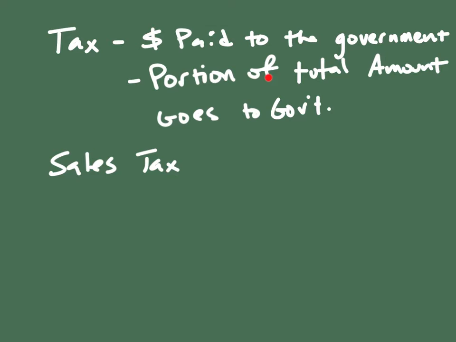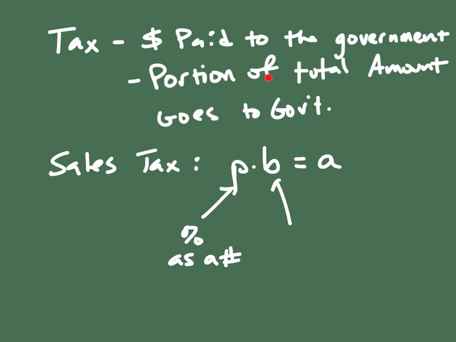Now, to calculate sales tax, we use the formula P times B is equal to A. All right, and in a previous video, I talk about finding percents of numbers. So, P is your percent as a decimal, as a number, all right? The B value here is your cost of an item, and then A is your tax.